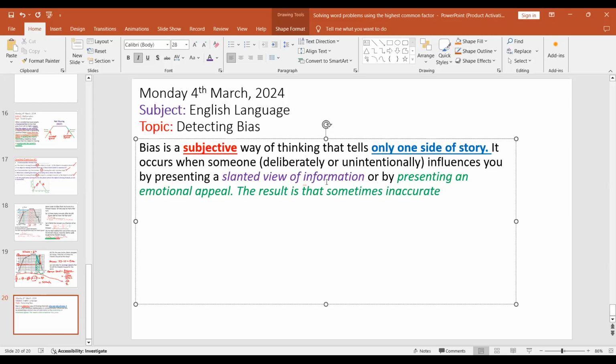What do we mean by inaccurate? Inaccurate means that it's not correct, right? Or a false impression is created.